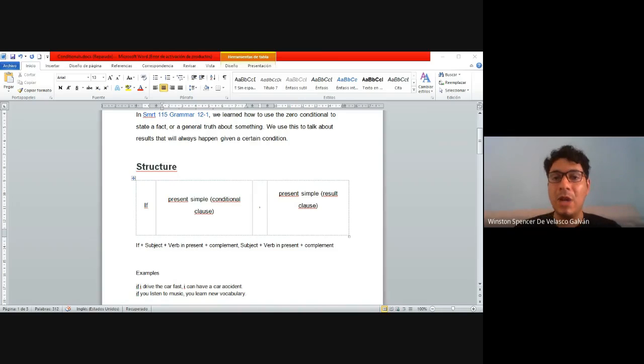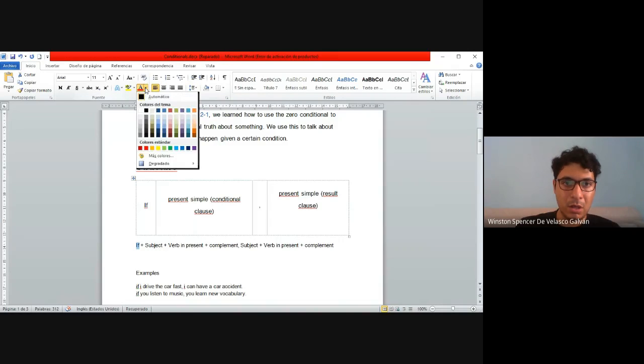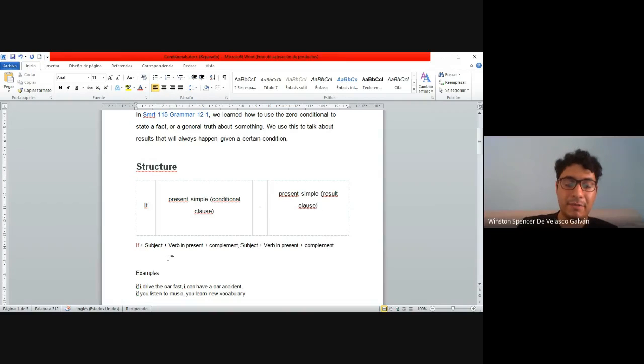To summarize all this information, I'm going to explain the structure step by step. I want you to analyze it with me, pay attention, and focus, because later you're going to help me make some sentences. So I'm going to put it in another color even. If. That's the first part. We got the first part of the sentence, if, which is our condition.